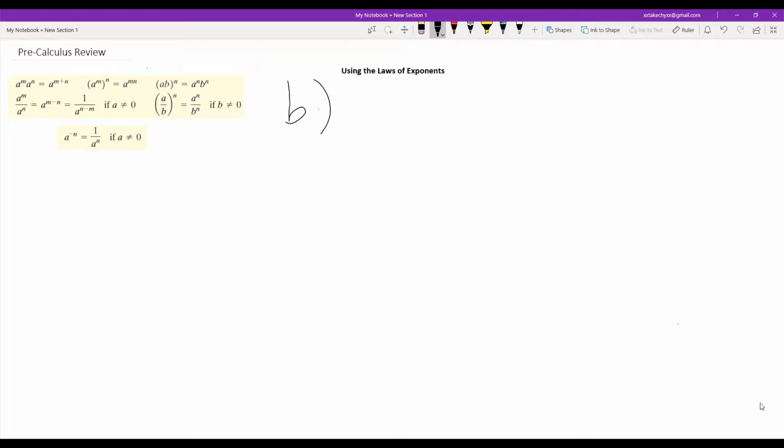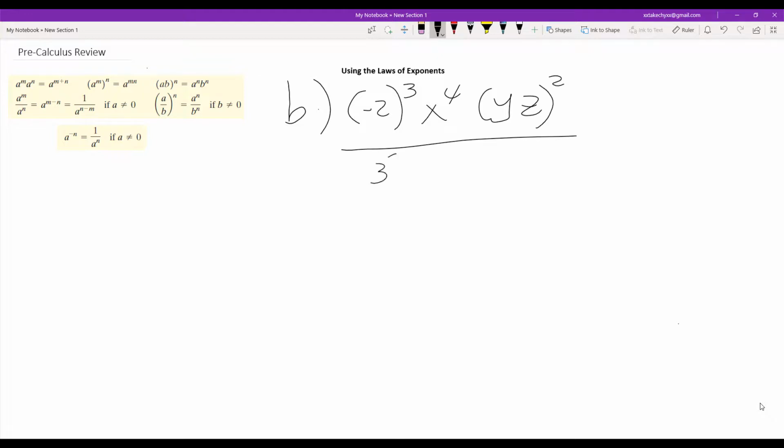So this one is more of a simplification, or simply reducing the terms. So let's see what we got here. We got negative 2 to the 3rd, x to the 4th power, yz, and all of that to the 2nd power over 3 to the 2nd power, x y to the 3rd power and z.